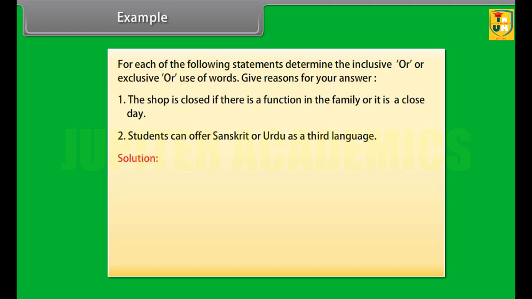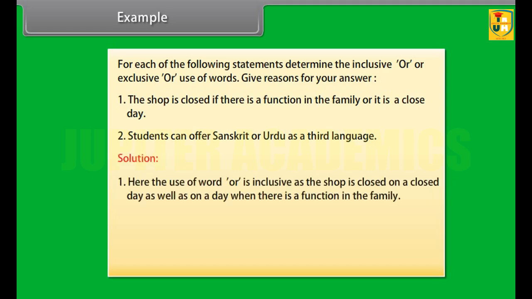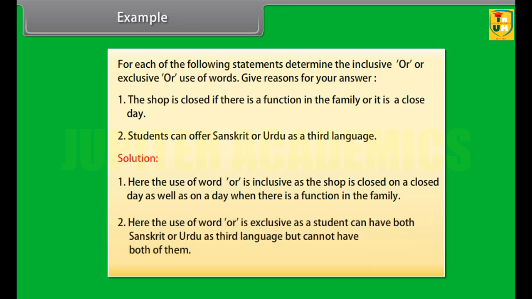Solution: 1. Here the use of the word or is inclusive, as the shop is closed on a closed day as well as on a day when there is a function in the family. 2. Here the use of the word or is exclusive, as the student can have Sanskrit or Urdu as third language but cannot have both of them.